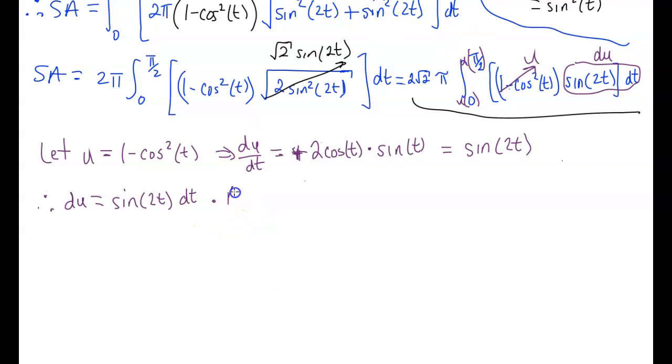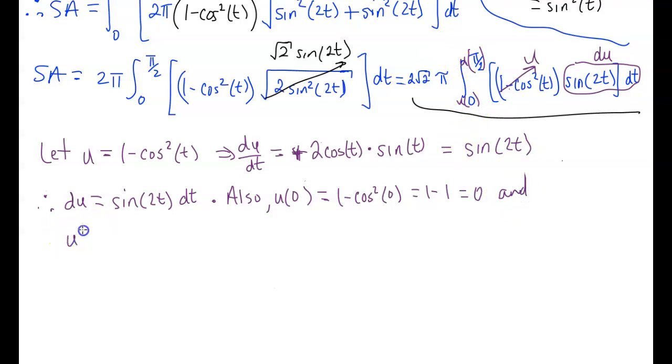Okay, so we'll say also u of 0 is going to be 1 minus cosine squared of 0, which would be 1 minus 1, which would be 0. So that remains the same.